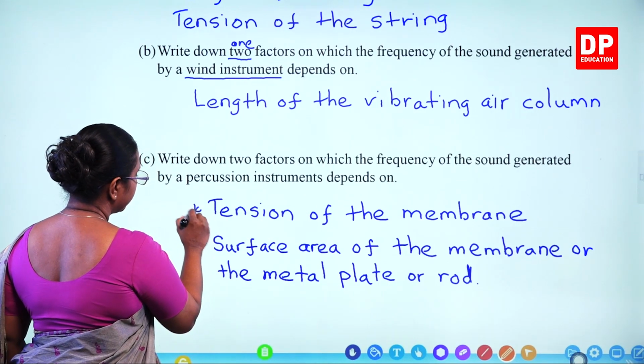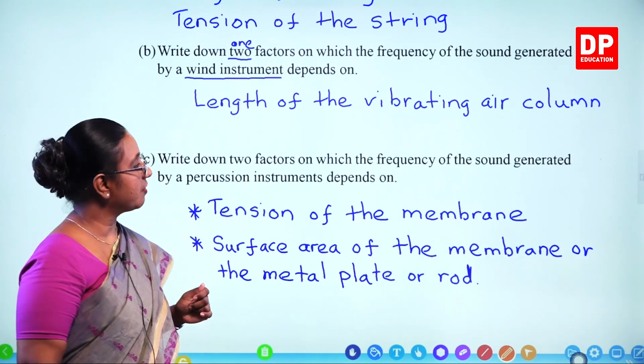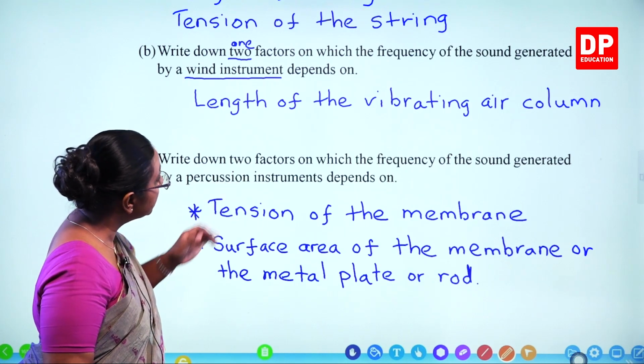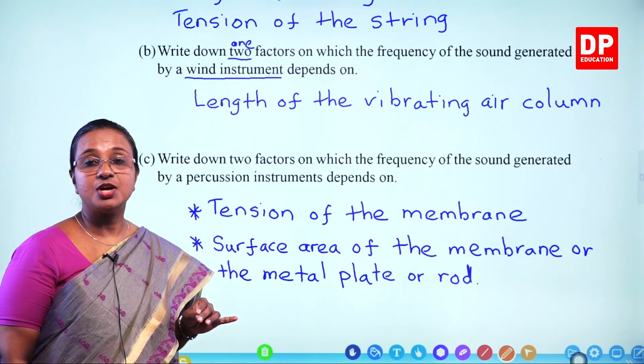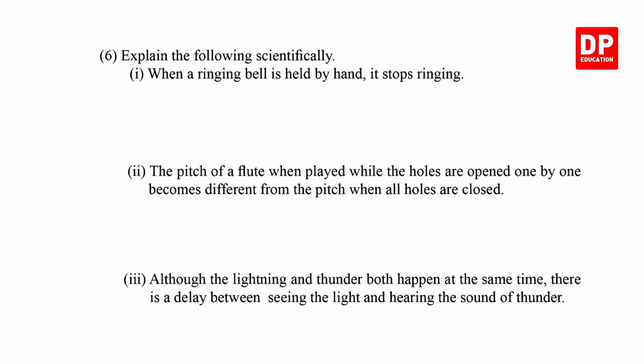So, those are the two factors on which the frequency of sound generated by a percussion instrument depends. With that, I will move on to the next question.